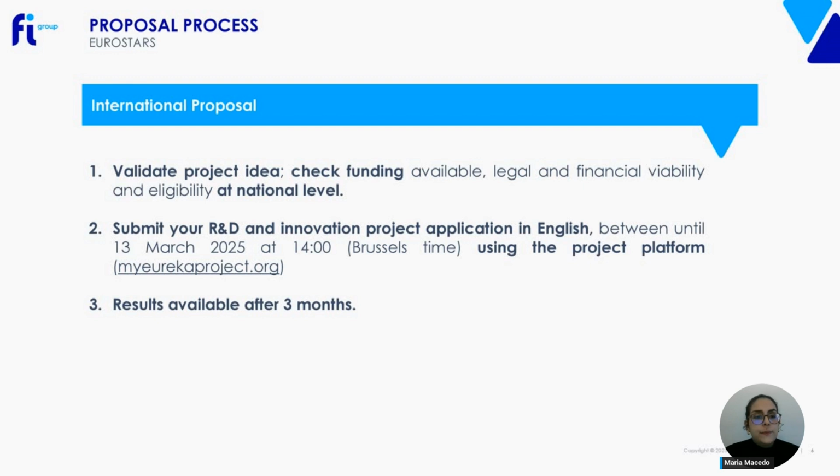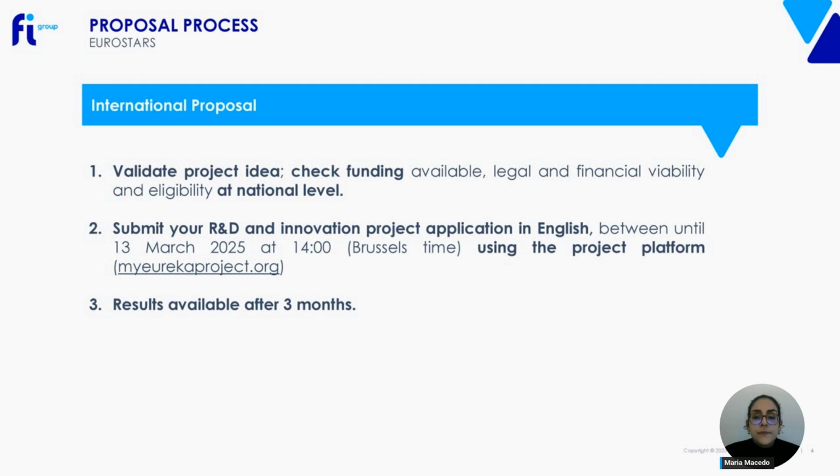And so we move forward to explain the proposal process, which in Eurostars it's a very specific process. First, there is an international call, which is the Eurostars call, which is currently open, as I mentioned previously.